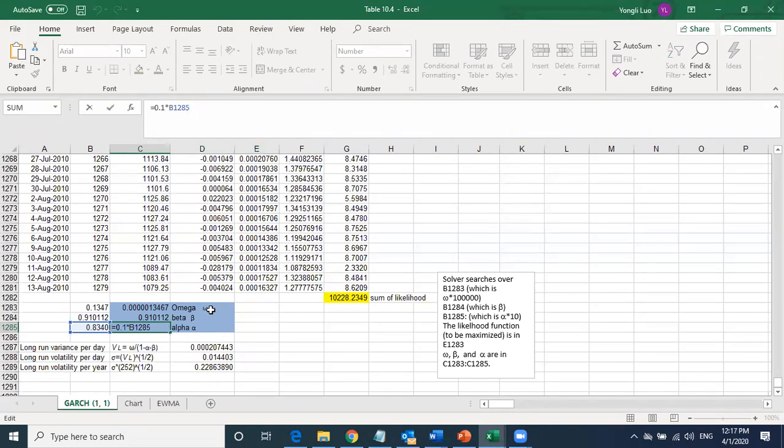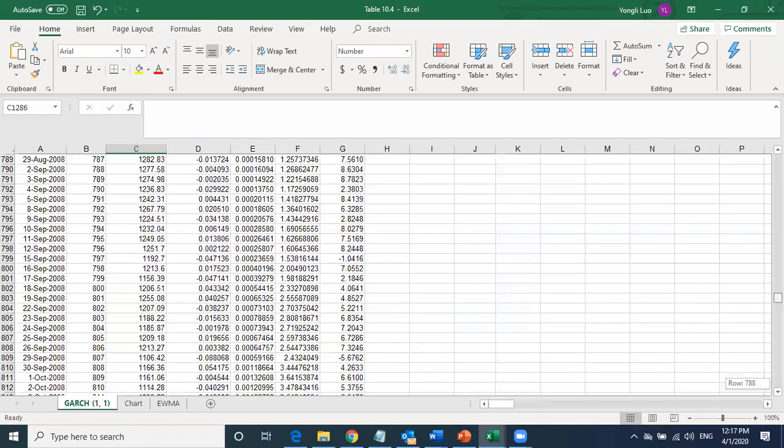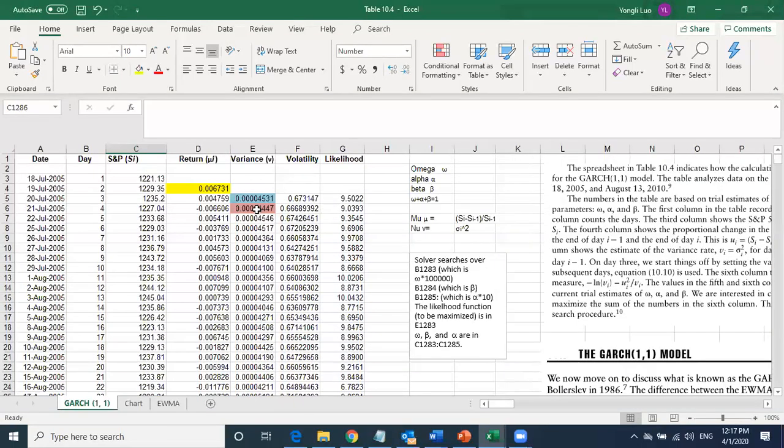The 3 parameters we call omega, alpha, and beta. So we have all these 3 parameters, and this is omega, and this is alpha and beta. You apply that formula.